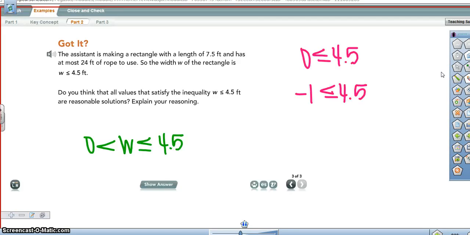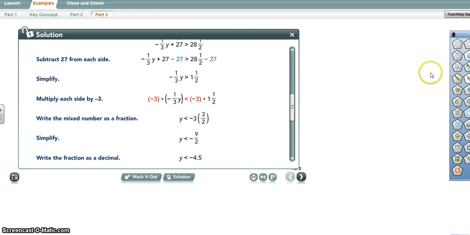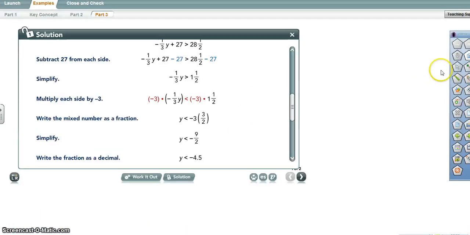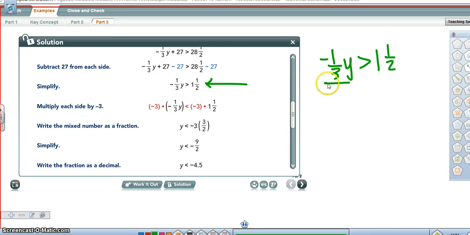Whoops, I lost it. Hold on. Okay, so if you have negative 1/3 y is greater than 1.5. So at this point here, negative 1/3 is being multiplied by y, so we'd want to divide both sides by negative 1/3. Well, first off, we're dividing by a negative value, so that means our sign's going to flip.